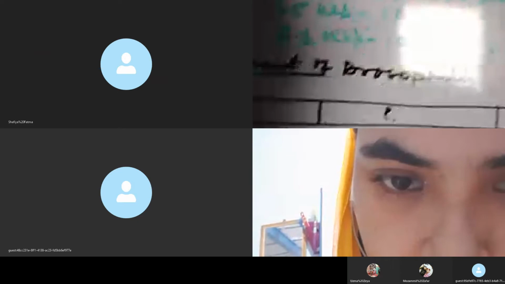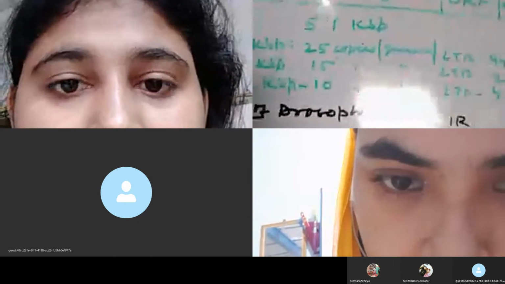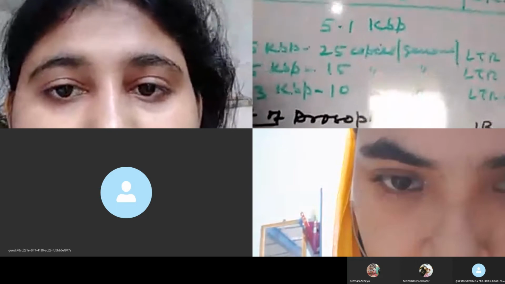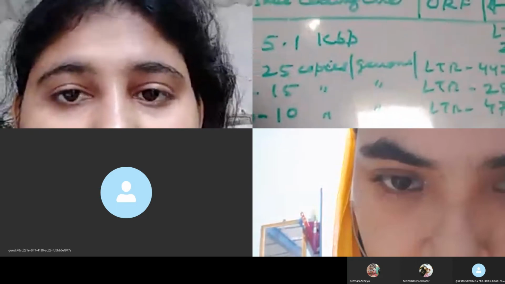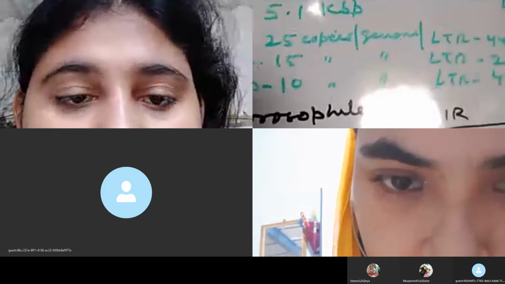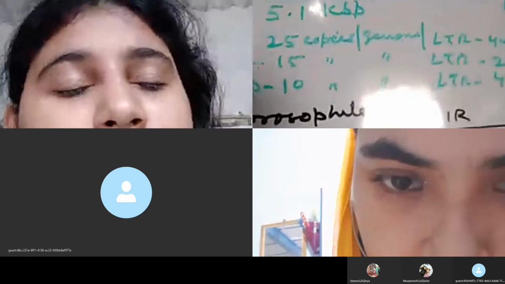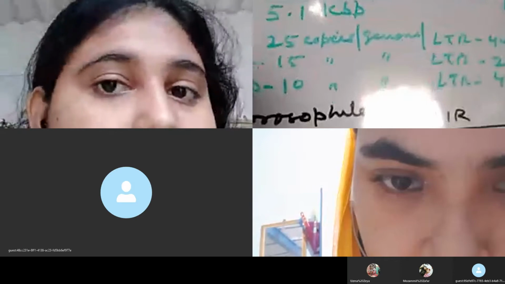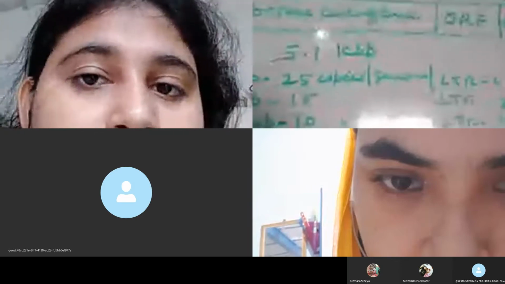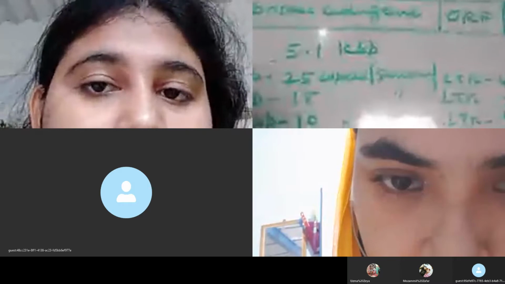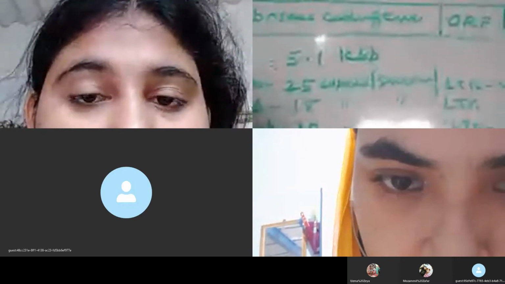Now look at the FB element. The FB element is also a transposon of Drosophila. It consists of a transposable segment, and it is not yet clear whether there is a gene for encoding transposase.